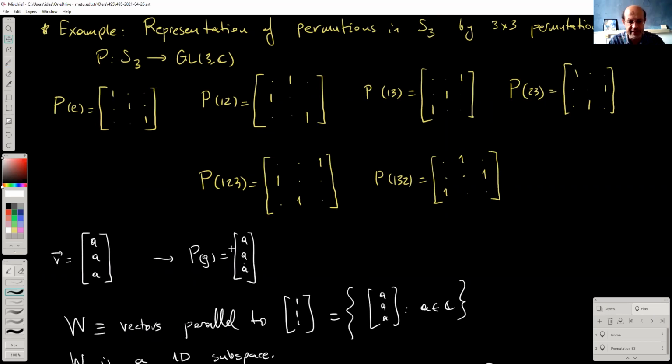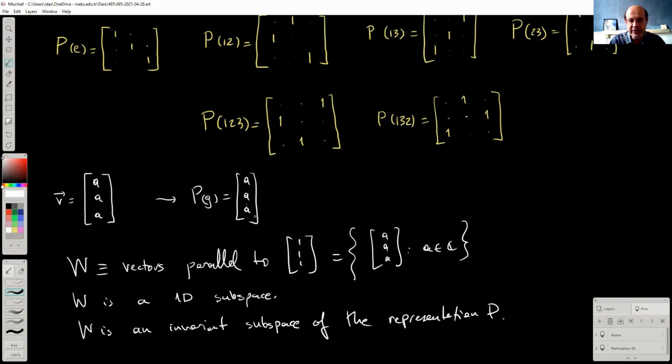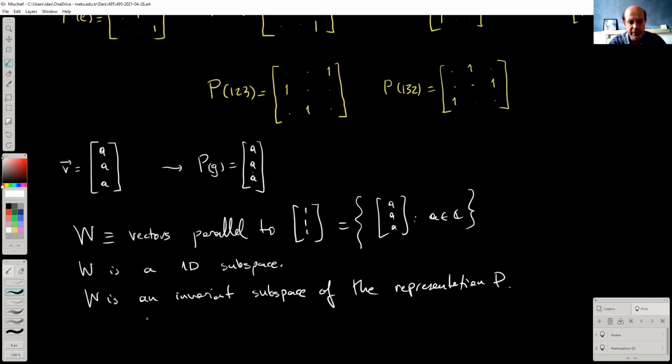Under this representation, there are some subspaces in this 3-dimensional space which are invariant. Especially there is this 1-dimensional subspace, and therefore this implies that P is reducible.